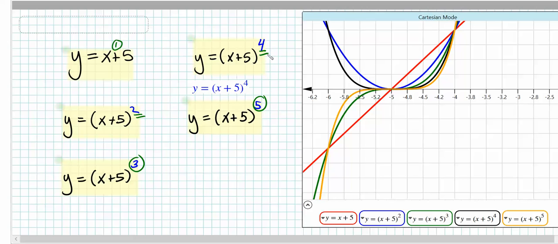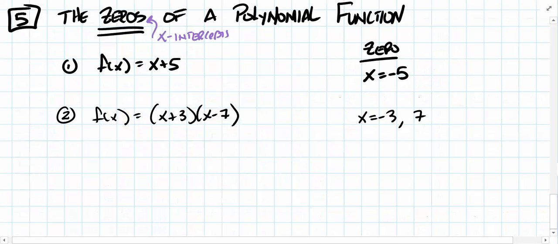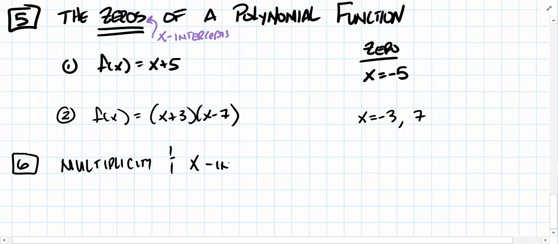So this is actually the sixth box. Okay, and this is called multiplicity and x-intercepts. Alright, so here's what we just sort of put together in our little idea here.